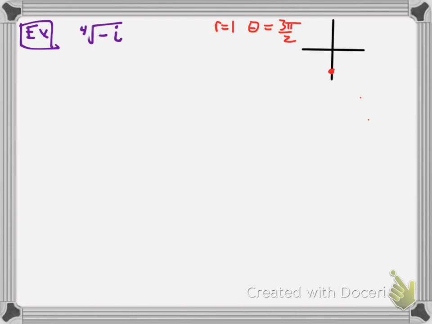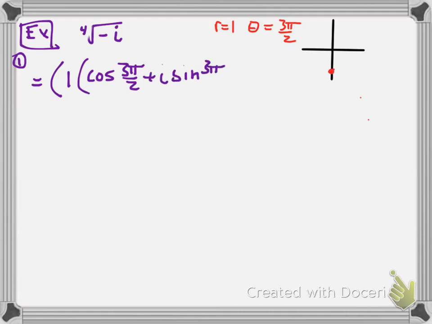So the first solution is going to come from 1 times cosine of 3 pi over 2 plus I times the sine of 3 pi over 2, and we are taking the 4th root of that number.